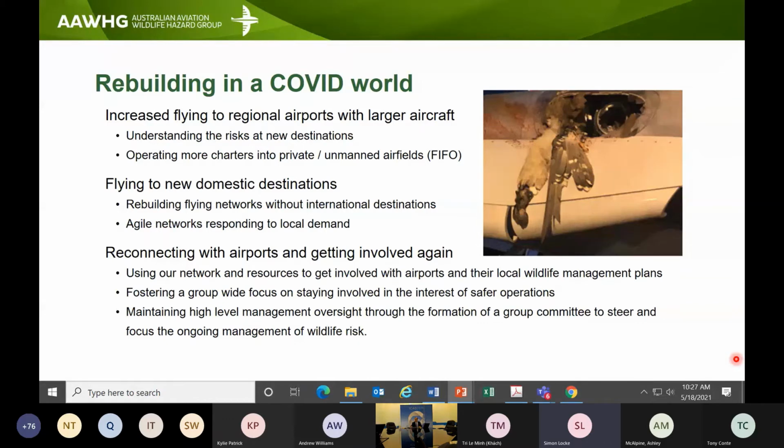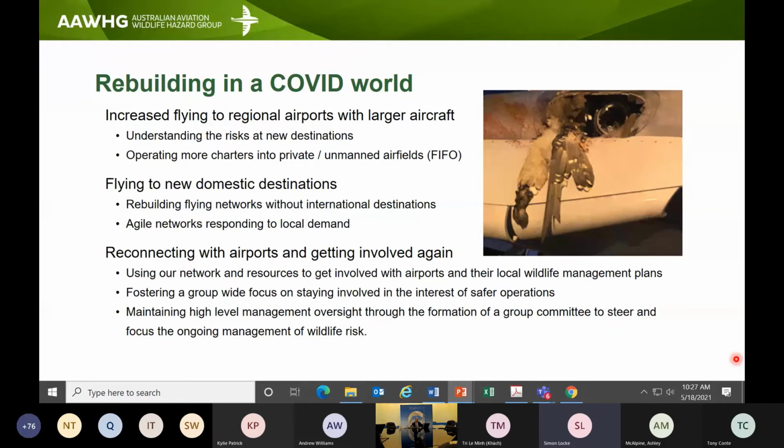But as part of that, we've increased flying to new airports and to regional airfields where we wouldn't normally take large aircraft. So we're having to engage with a lot more airfield operators to understand the risks at these new destinations, and feed that into our pilots, our technical crew and our network to understand how we manage this.